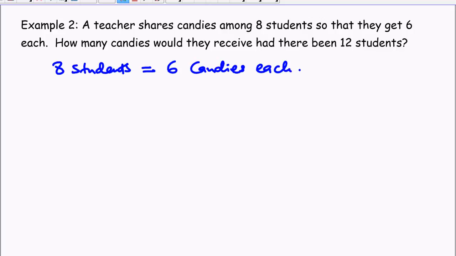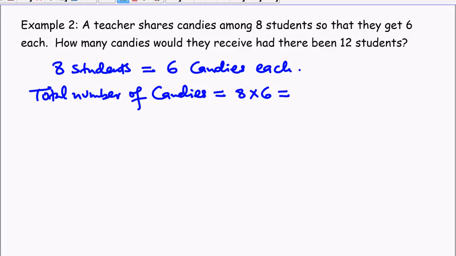So maybe we can ask ourselves, how many candies are really available? How many candies did the teacher have with him or her? So total number of candies will be the 8 students, each student has 6 each, so that will mean 8 times 6, which will be 48 candies.